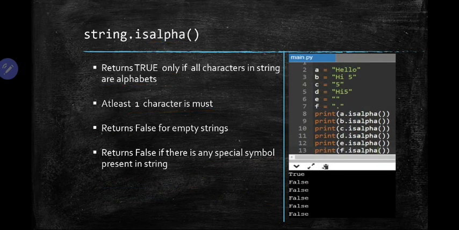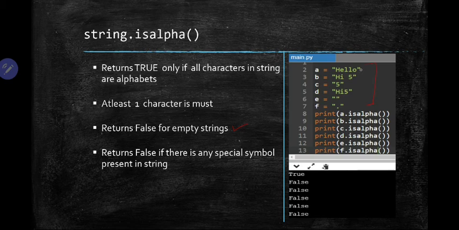Another function is isalpha. This function returns true if all the characters inside the string are alphabets. Similar to isalnum, here also empty strings are not accepted and special symbols are also not accepted. You can quickly go through this example.